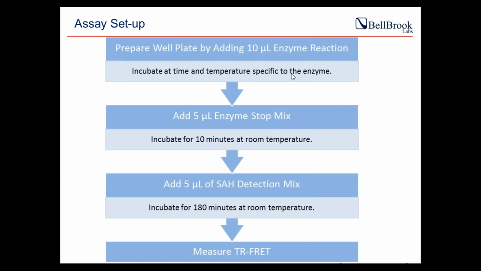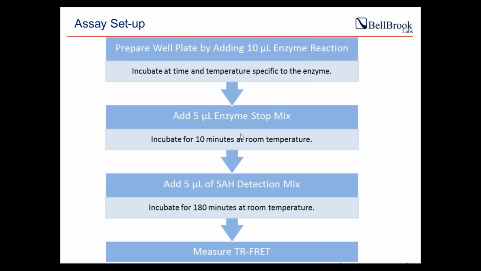So you run your enzyme reaction, you incubate at whatever time and temperature is specific to the target you're working with. And then you add your 5 microliter stop reagent. You incubate 10 minutes. The key here is to bring the temperature, especially if you're running your methyltransferase reaction at 37 degrees, to room temperature.